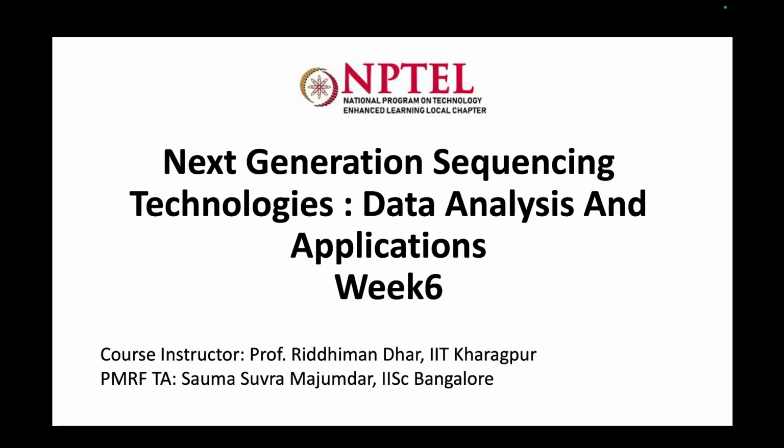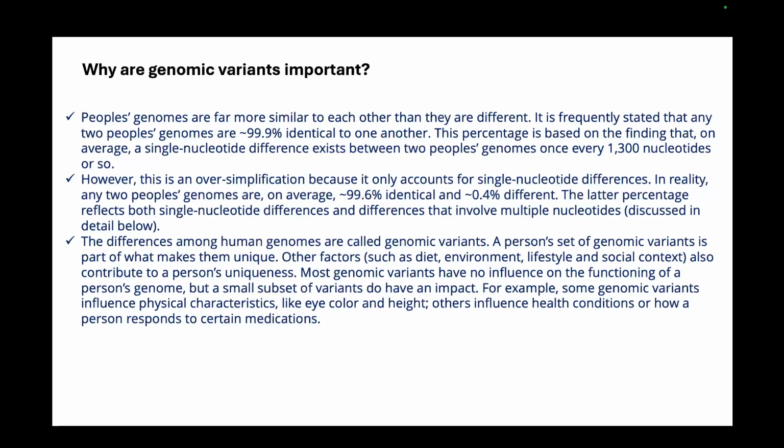So we talked about alignment and its pre-processing in the previous classes. We'll talk about post-alignment processing and different types of pre-processing that is done on that, and after that variant calling, and finally variant annotation. Okay, so let's get started.